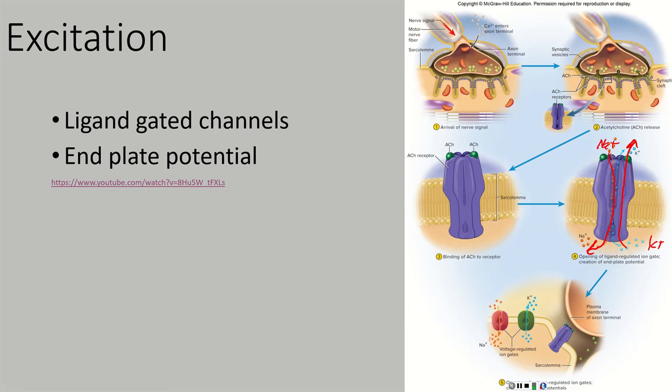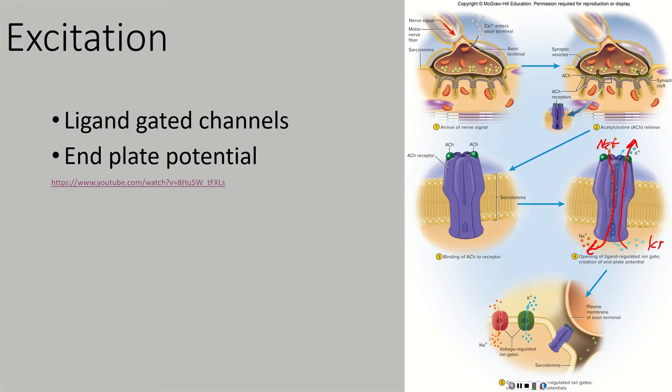Now, it seems like that should make no difference because we've got positives coming in, we've got positives going out. They should be equal, right? Well, remember when we were talking about gradients? Sodium had an electrical and concentration gradient in the same direction. They were both inward.